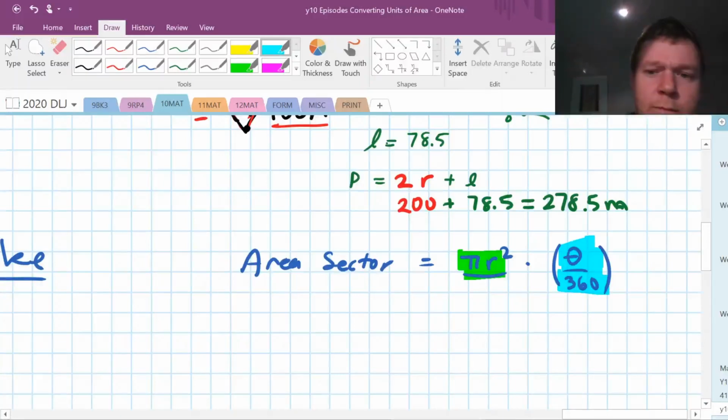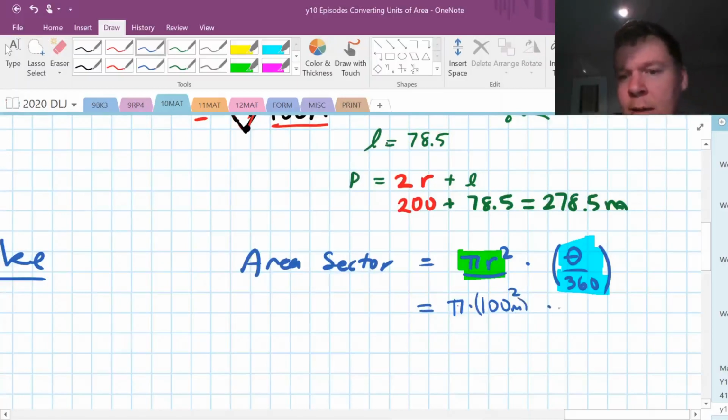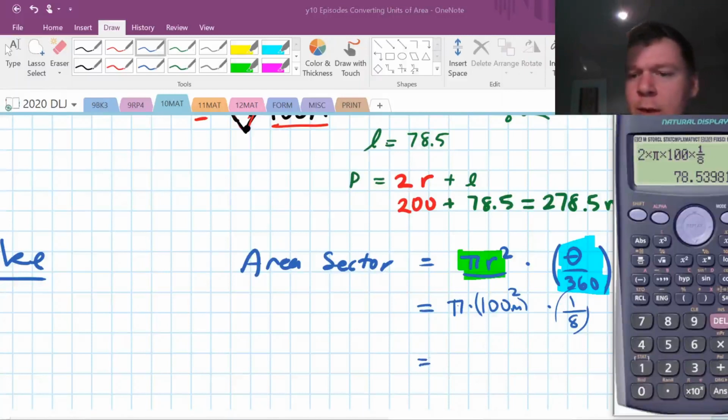So if we put in our radius for this circle, it is 100 meters squared. And then we're going to multiply that by 1/8 again, because we're using the same multiplier. So let's put that into our calculator.